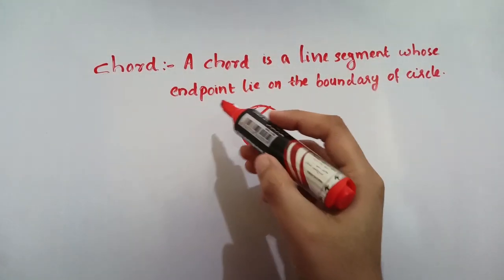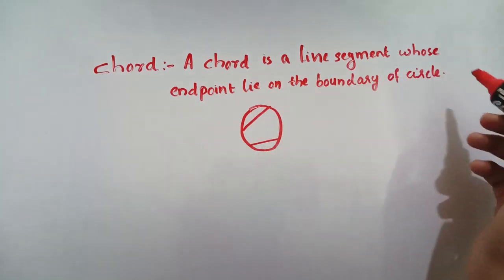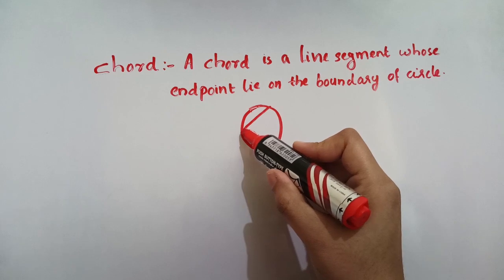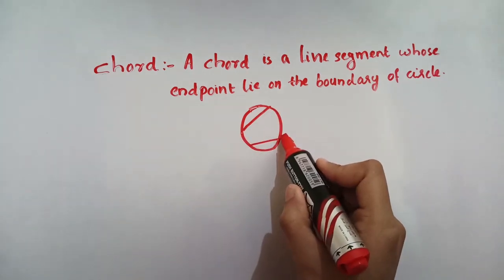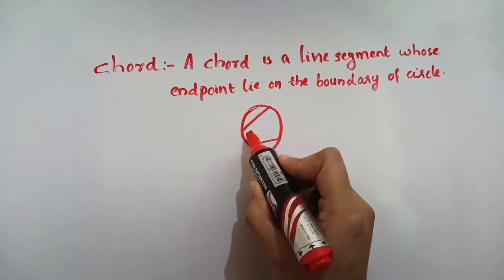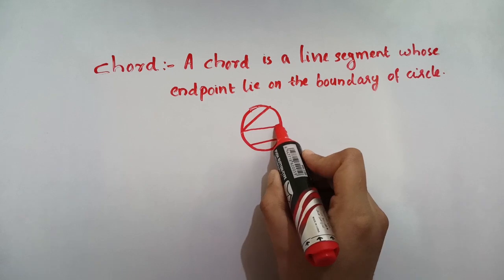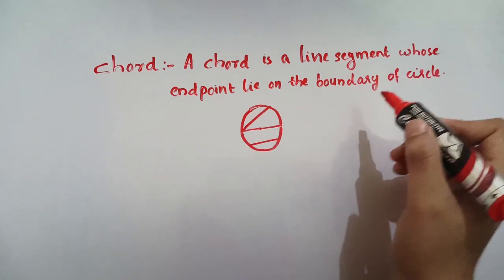A chord. A chord is a line segment whose endpoint lie on the boundary of circle. That is, in this figure we can define this line as chord, this line as chord. So we can say the longest chord on the circle is the diameter. Diameter is also a chord.